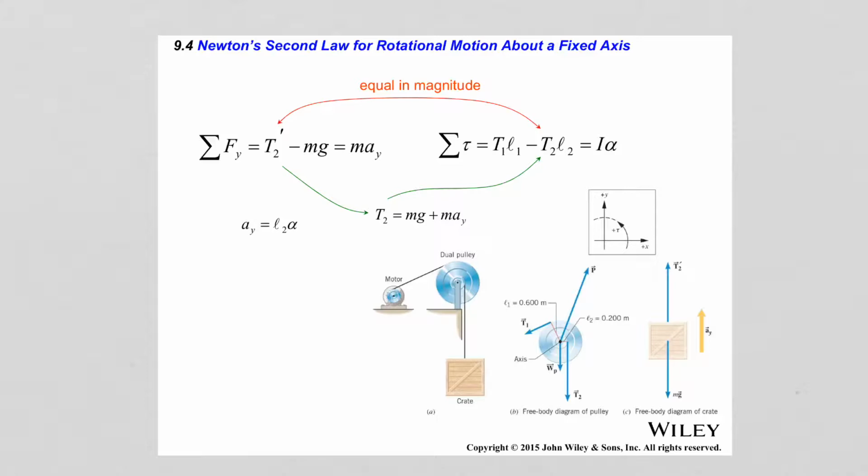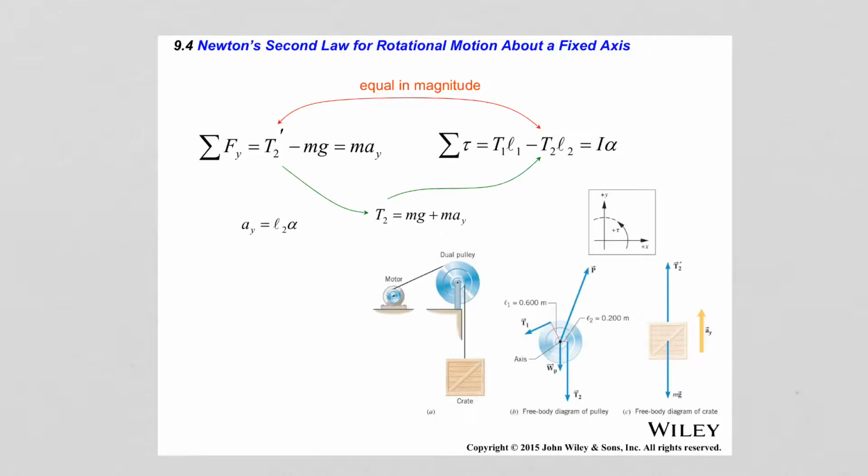So I can express the tension T2 prime, which is equal to T2, from the net force in y direction equation. And I get this result, T2 is equal to mg plus may.